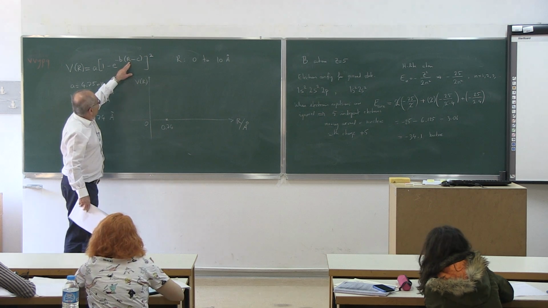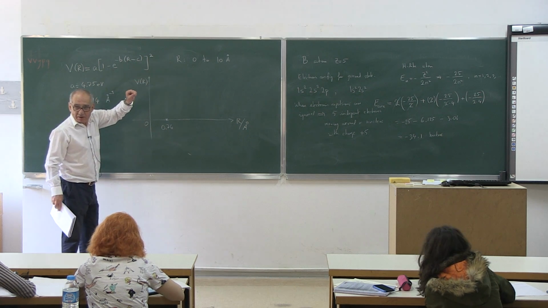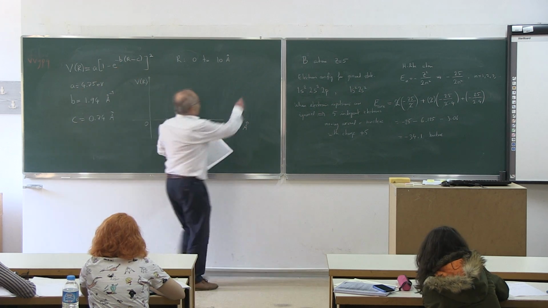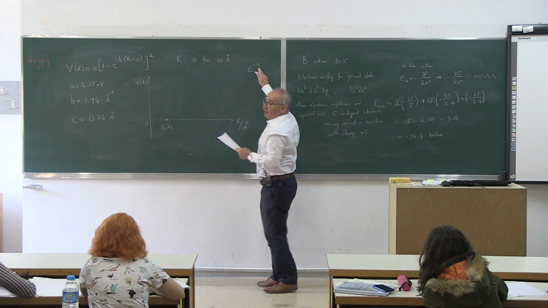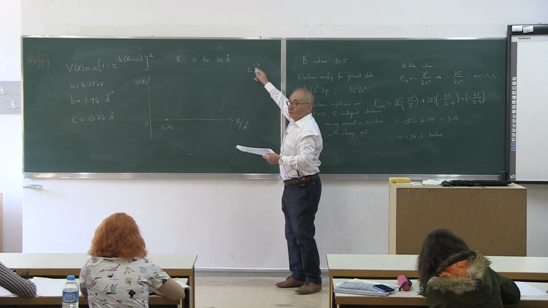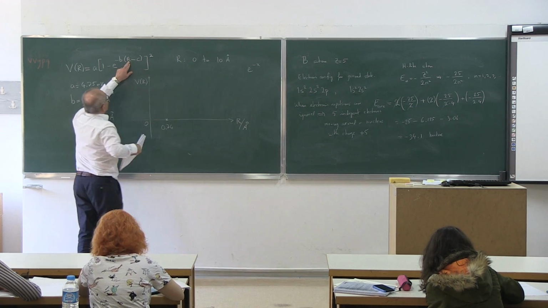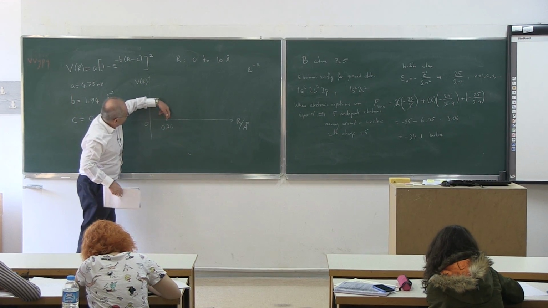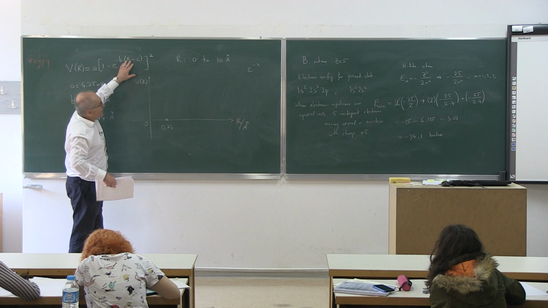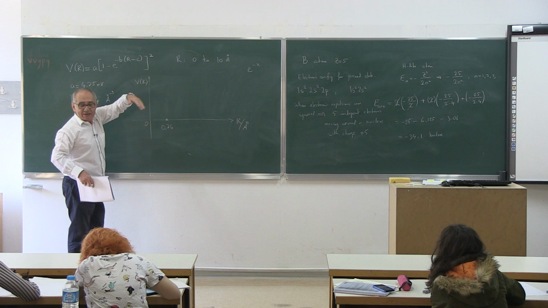When R is larger than C, then R minus C is a positive number. But there is a minus here. In other words, e to the minus x, as x gets larger and larger positively, e to the minus x gets smaller, isn't it? So when R is larger than C, this part, e to the minus B times (R minus C), is getting smaller and smaller as R gets larger.